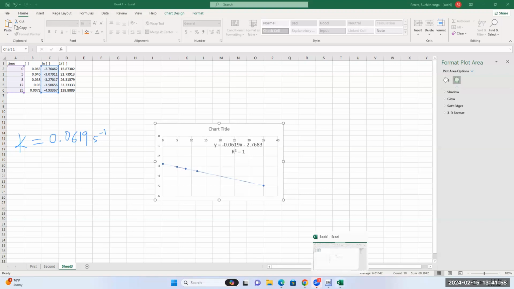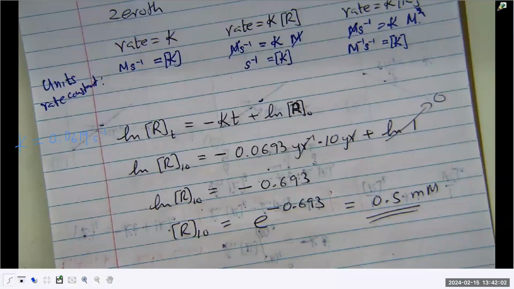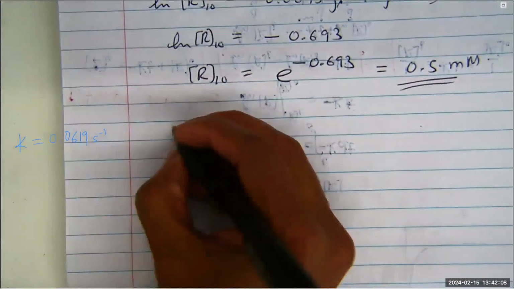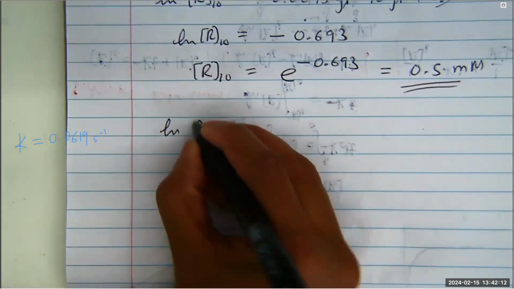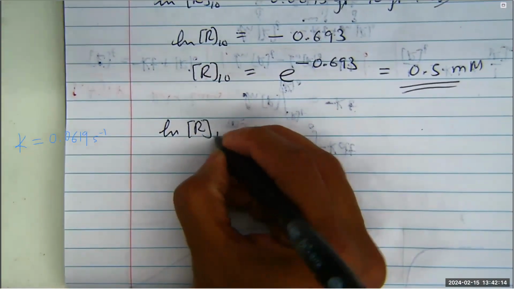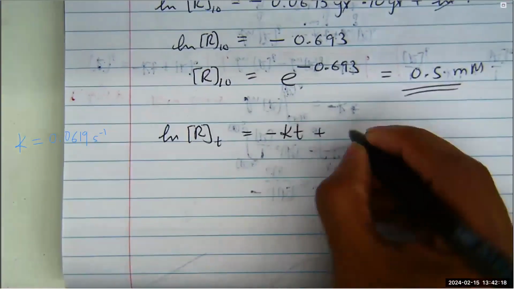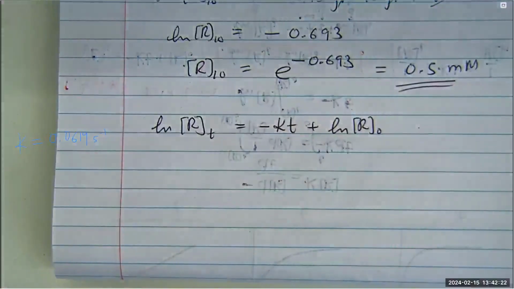Now I got that. Then I go to my notebook. Okay. Then I start working away, right? So we know the integrated rate law for first order is natural log of concentration is equal to negative kt plus ln initial concentration, right?